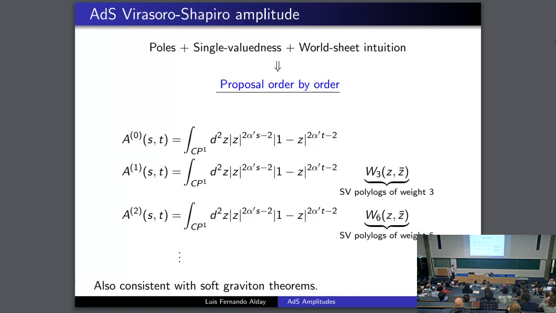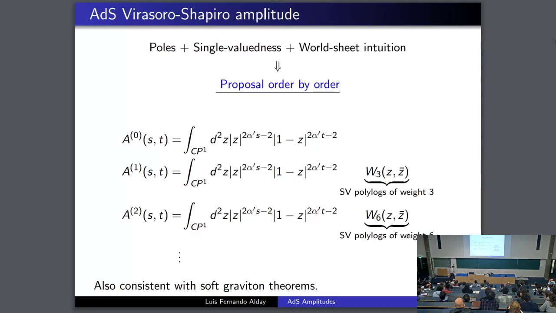So it's an integral over the complex plane. What we want to do now, we want to say that A1 has a very similar integral representation, but we add something extra, okay? And we want to know what this extra thing is.